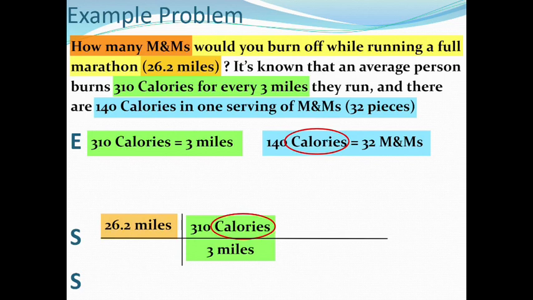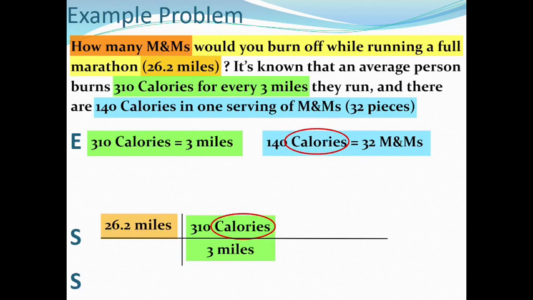Technically, the green one does too, but if we use that green equation again, that would only get us back to miles. The blue equation can both cancel out our calories and get us to M&Ms, which is what we want. And that's one of the reasons why that guess method is so helpful, keeping in mind my unknown is M&Ms. That's where I'm headed. That's the direction I should be going, can keep you on track.